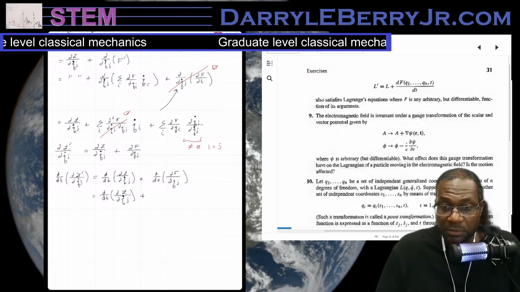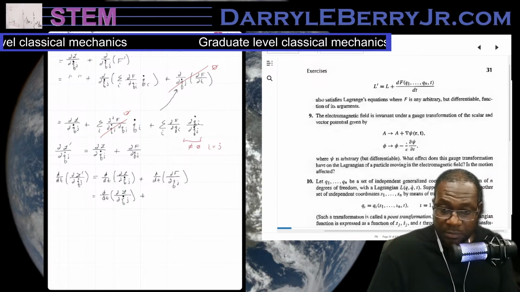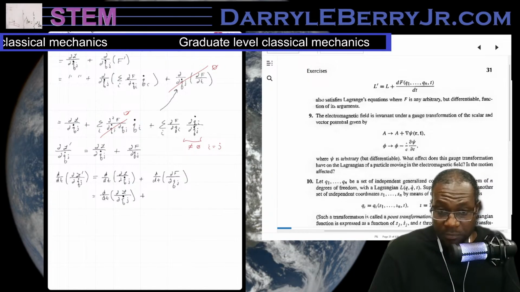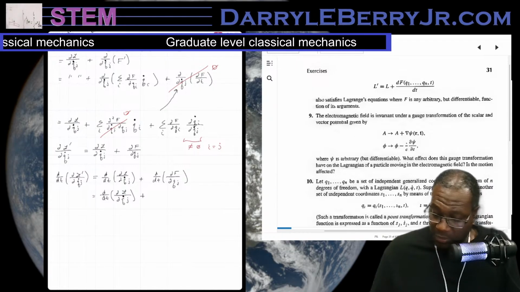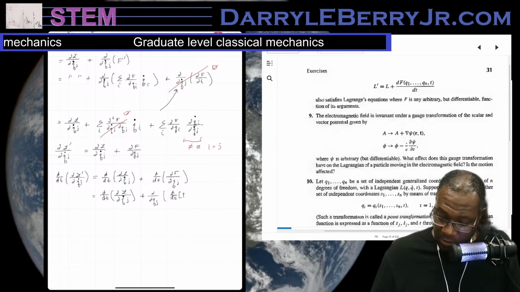So see the squared. What they're doing is they're swapping these, d/dt and partial q_j, of f.